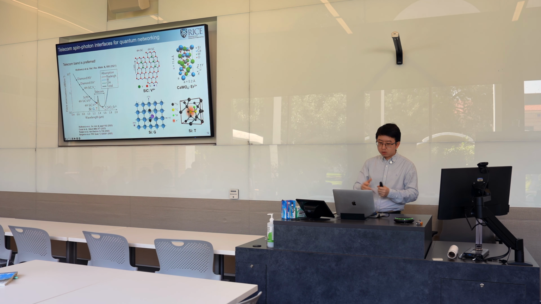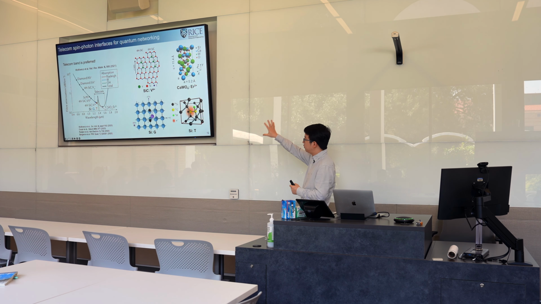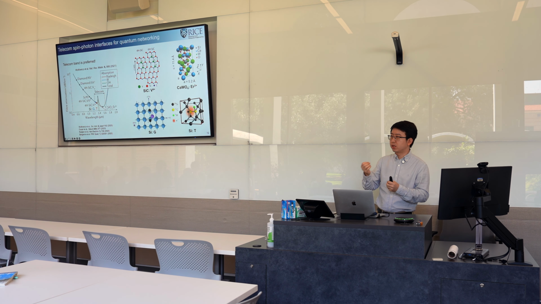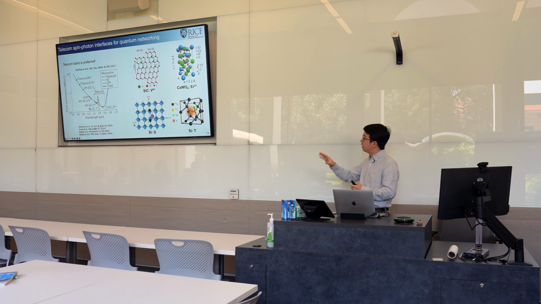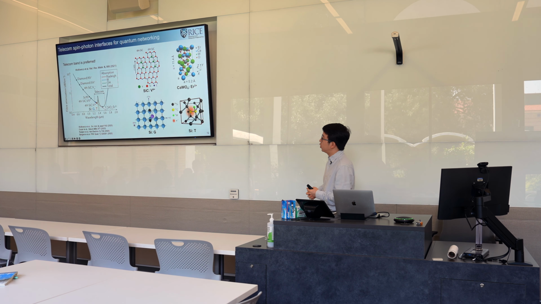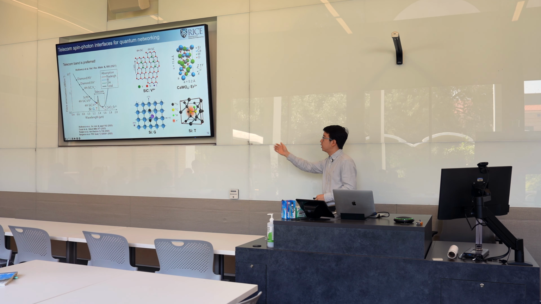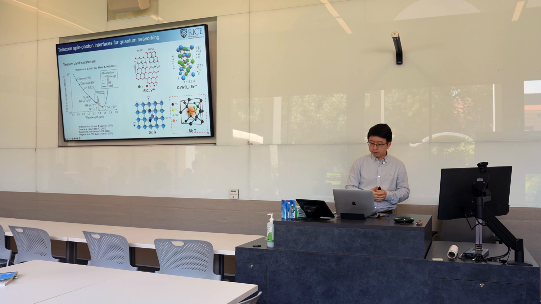So out of many solid-state platforms, there are a few of them that have an optical transition near the so-called telecom band, where the fiber transmission loss is low, okay? So you have this vanadium qubit in silicon carbide, you have erbium ions in some oxide material, and you have this series of deep color centers in silicon. And in our group, we focus mostly on this thing called T centers.